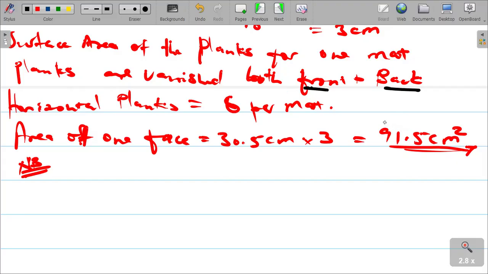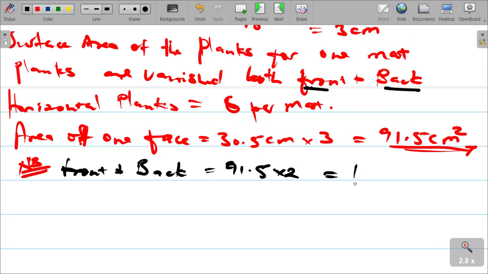For both sides, front and back, we multiply what we get for one side, 91.5, by 2, which gives us 183 square centimeters. This is the area for both sides.